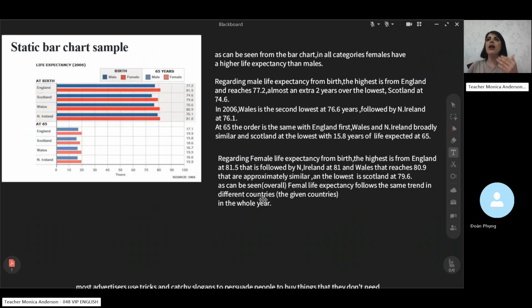And sometimes some students separate the overview into two parts: the first part after the introduction, the second part at the end of the essay, like a concluding sentence, not a conclusion. So now you can see we have 5 paragraphs. It's okay, no matter. Get it?